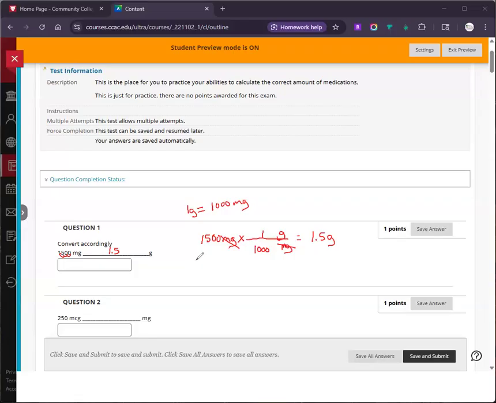And if you don't want to share it with everyone, just send it as a private message to me. I won't say so and so said this answer. I'll just say what answers are given. So instead of 1500 milligrams, we're just going to do 150 milligrams. And I want to know how many grams that is.